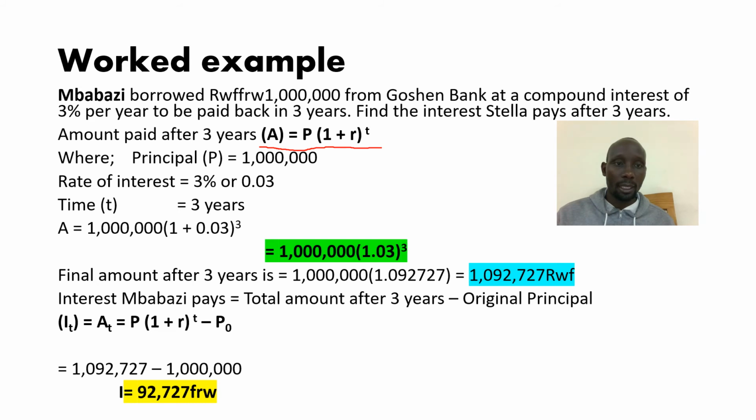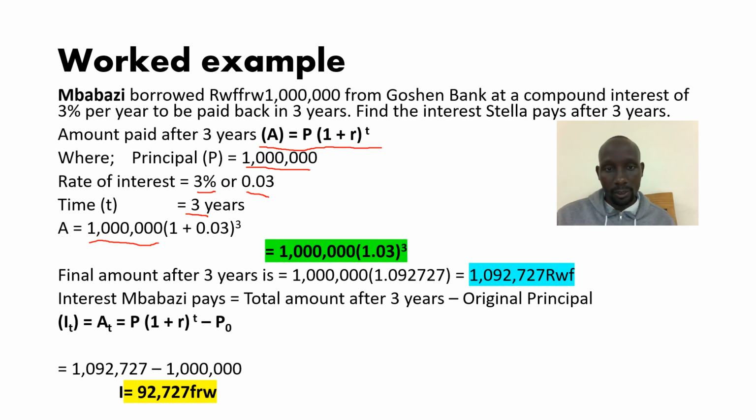As we define them up, P is now 1 million, and the rate of interest is 3%, which is 0.03 when we convert it into decimals, and our time is 3 years. So our total amount will be equal to 1 million multiplied by (1 + 0.03) power 3.